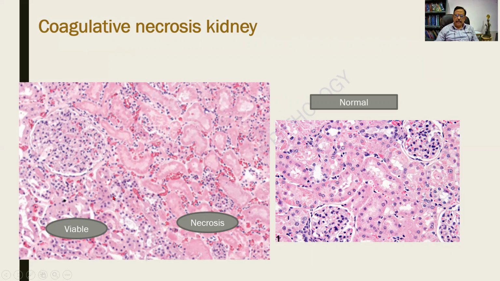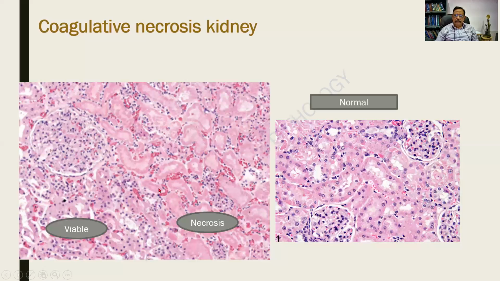Here I find multiple blue dots which indicate the nuclei. So they are all nucleated areas, whereas this area is pale and I do not see any nuclei within. So this is an area of pale infarct or a white infarct.